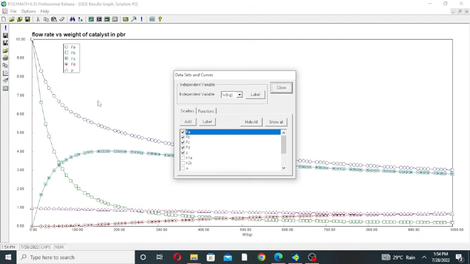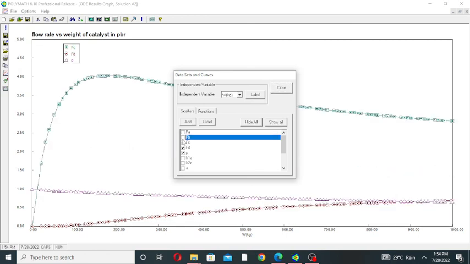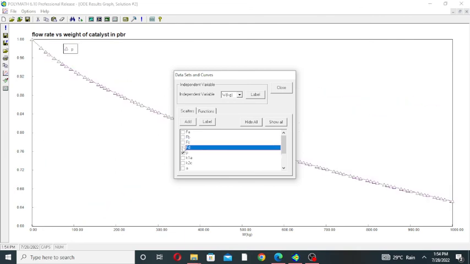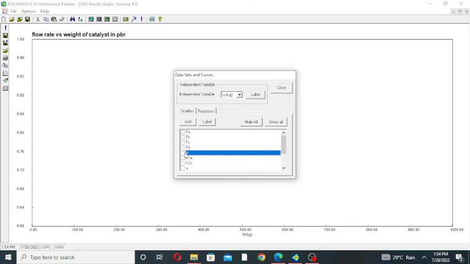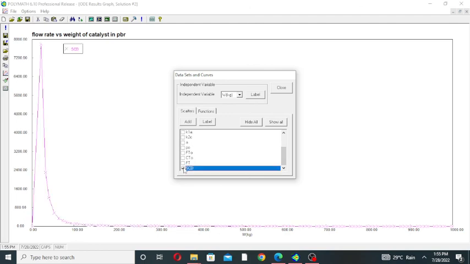Now, in order to draw the relationship between selectivity and the weight of catalyst, I will unmark FA, FB, FC and FD, and P also. Select selectivity, the selectivity of component C with respect to component D. Click on it and close it.